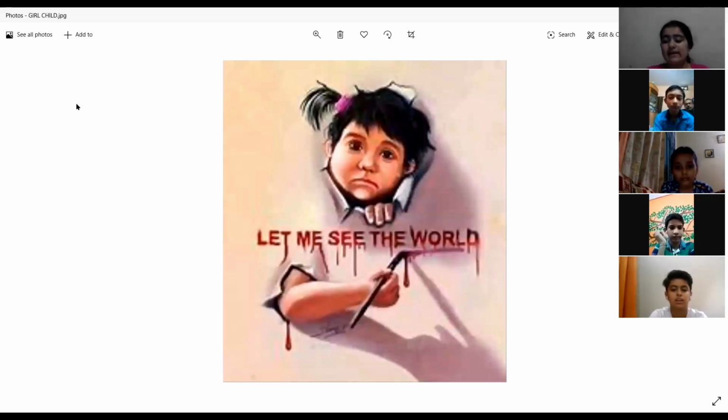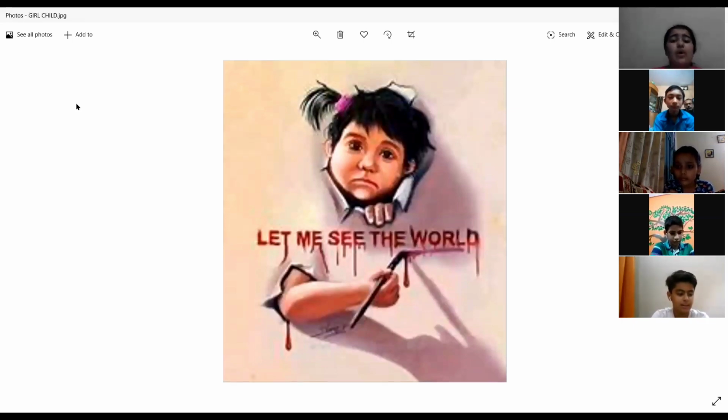In this democratic country, India, where females have equal rights, Saina Nehwal, P.V. Sindhu, Kiran Bedi, Mithali Raj, these females have shown their potential by changing the picture of the country. They have shown their potential by reshaping our country.